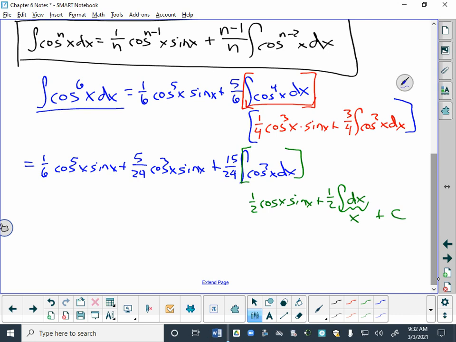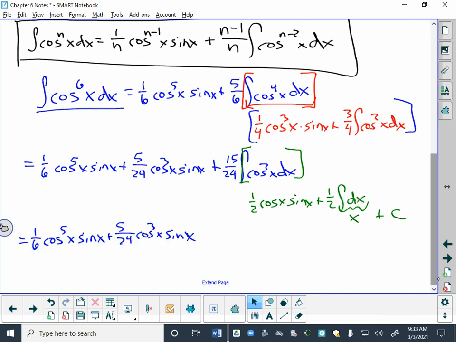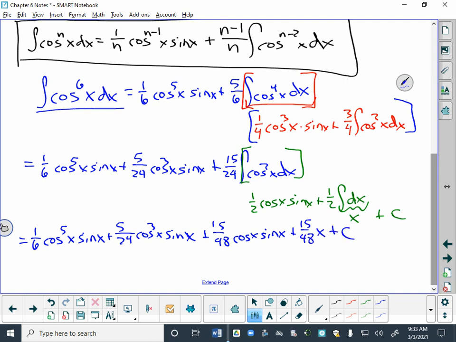So my final answer for the antiderivative of cosine to the 6th x is 1/6 cosine to the 5th x sine x plus 5/24 cosine cubed x sine x plus 15/24 times 1/2 is 15/48 cosine x sine x plus 15/48 x plus a constant.